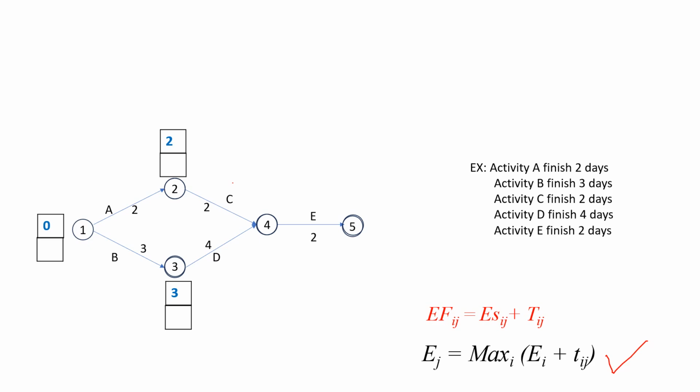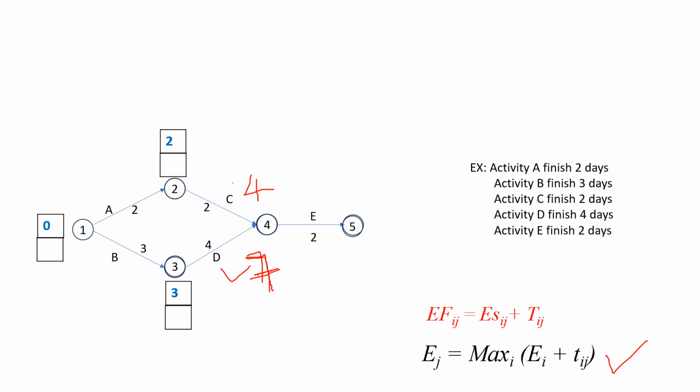For activity C, the finishing time is 4 and for activity D the finishing time is 7. Among these two finishing times, we have to consider the maximum, that is 7.